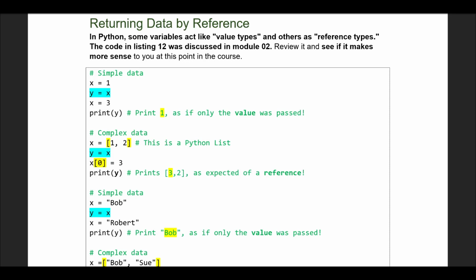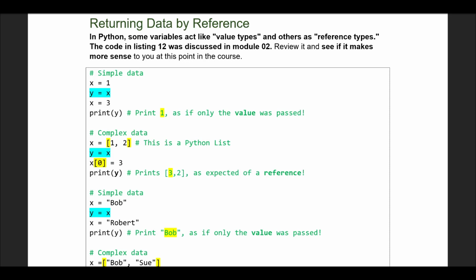Now, since x is actually a simple integer data type, it's going to set the value. If I change the value of x to 3 later on, it does not affect y, and as such it prints out 1. That's because when I passed over the value of x into y, any changes to x later has no impact on y.